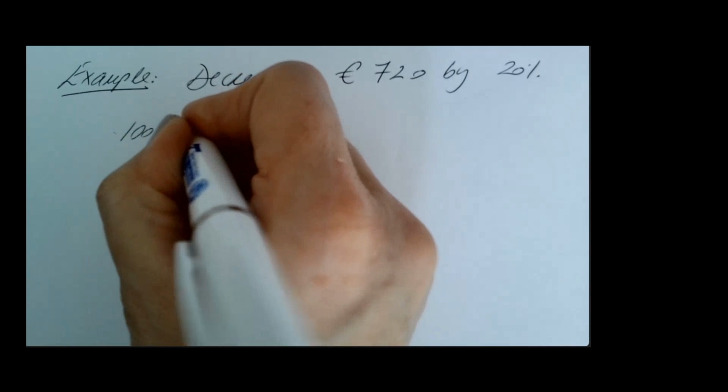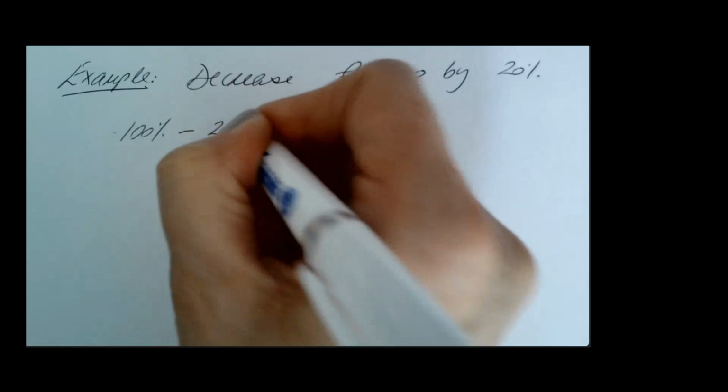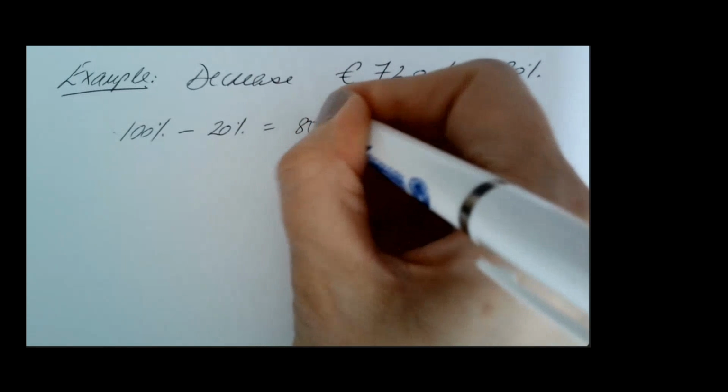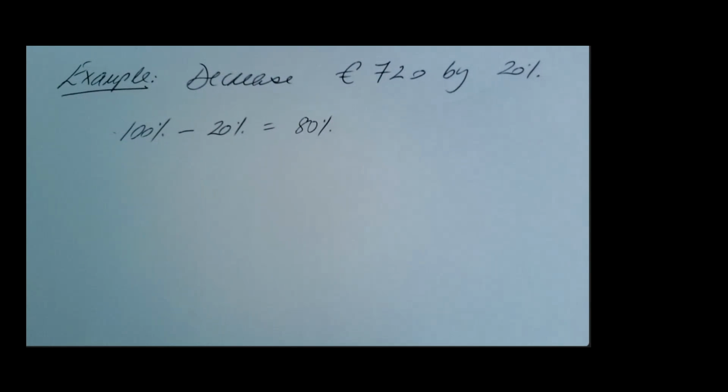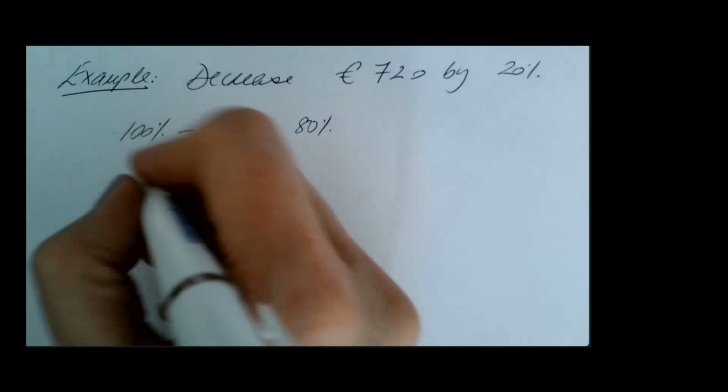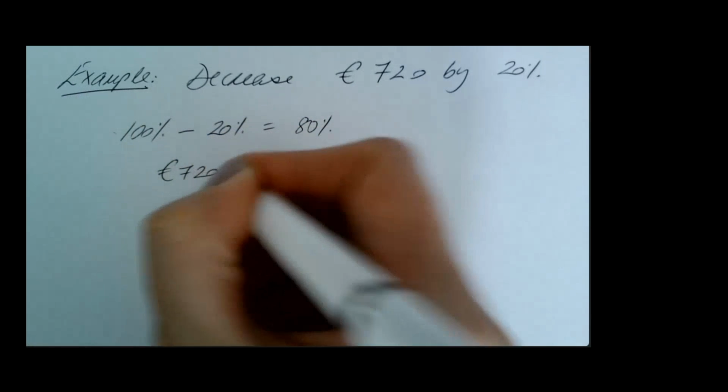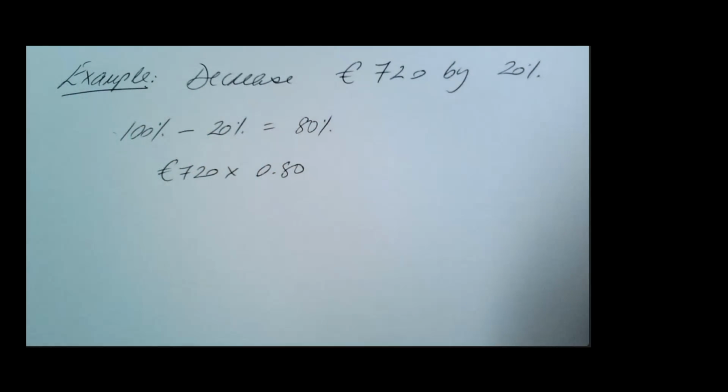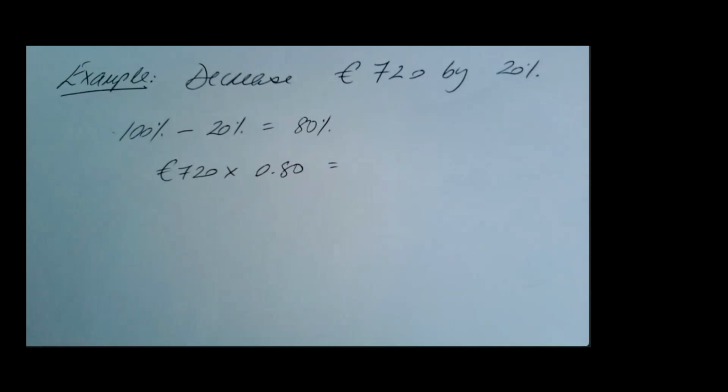So we're taking away 20%, which means the percent that we're actually looking for is 80%. And what I can go ahead and do now is just find 80% of 720. So I take my 720, multiply by the decimal 0.80, and I'll get my answer, 576.